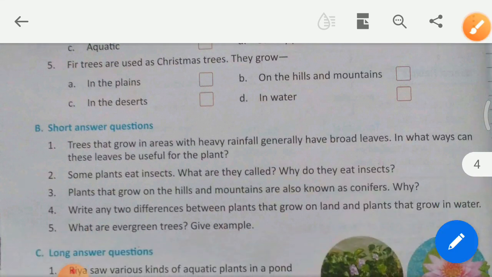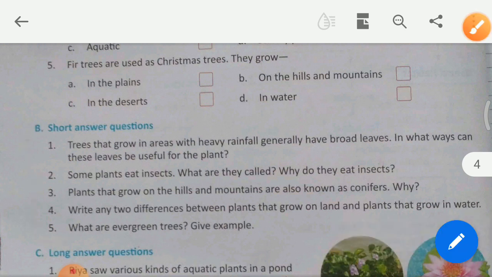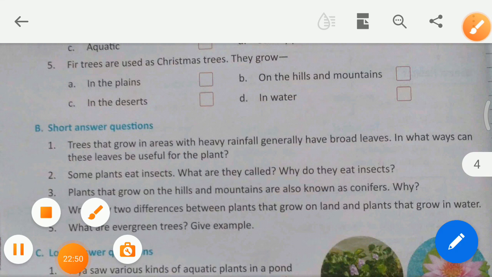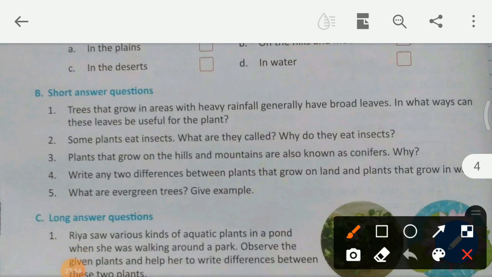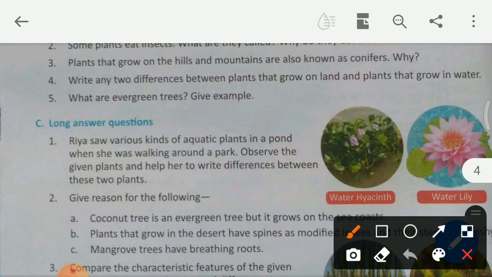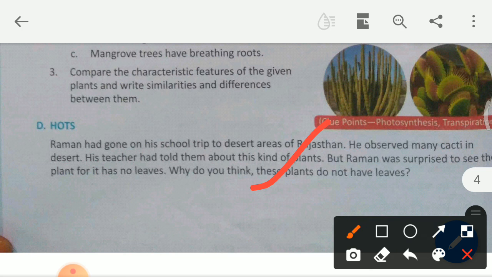The next, the short question and answer I am going to discuss. We have to write a short question and answer in classwork, then long question and answer, then hard question.